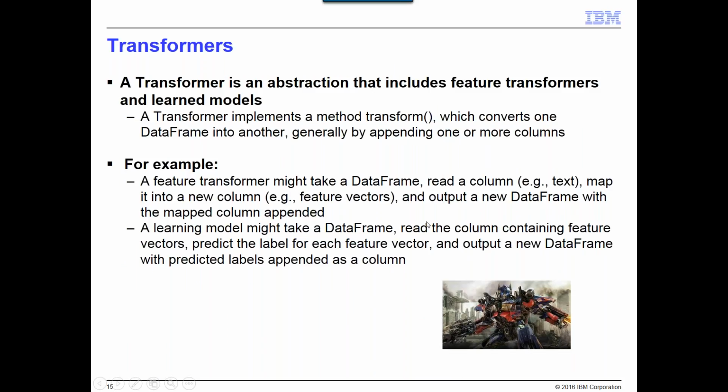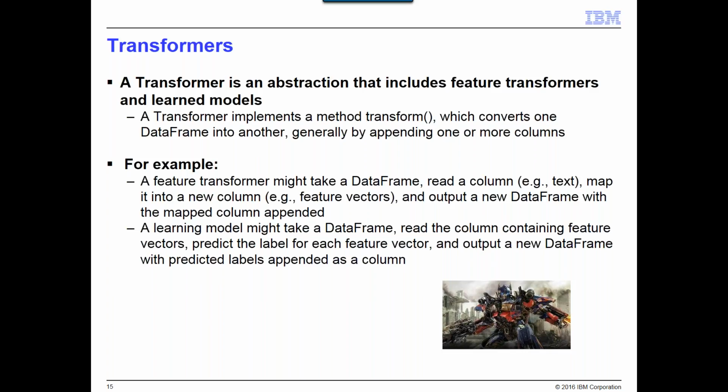A feature transformer is what I talked about before. In our particular example with text classification, one feature transformer would take the corpus of text documents, tokenize it, and create a new column in a data frame with the data tokenized into words.